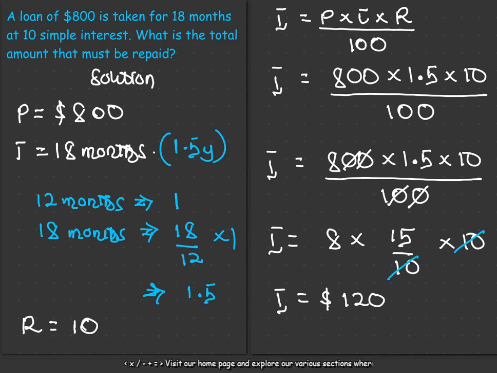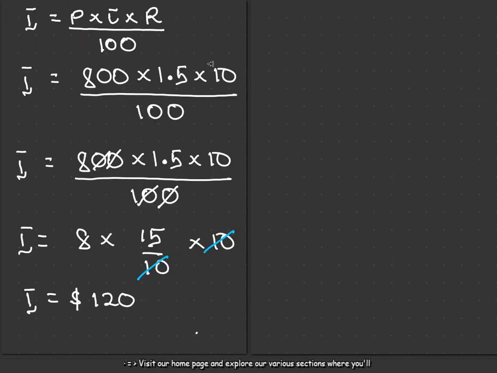But the question was, how much is to be repaid? That is the total amount that is supposed to be repaid. And we know our formula, don't we? So we know that the total amount, let's say A, is your principal plus your interest.